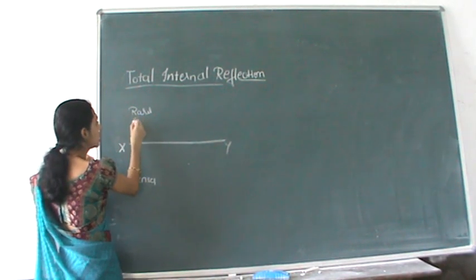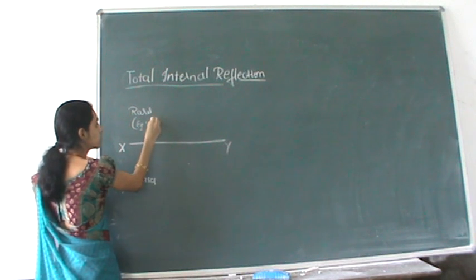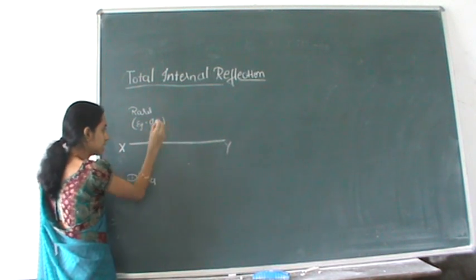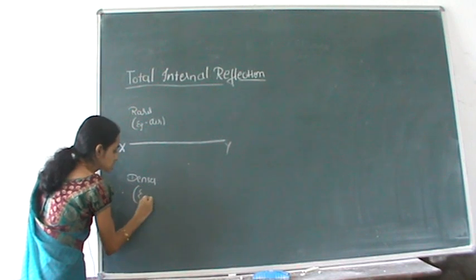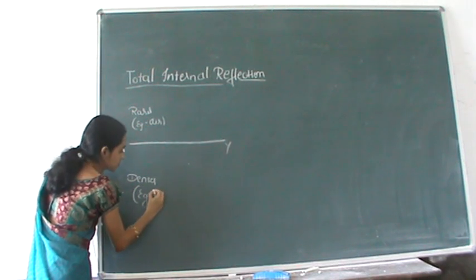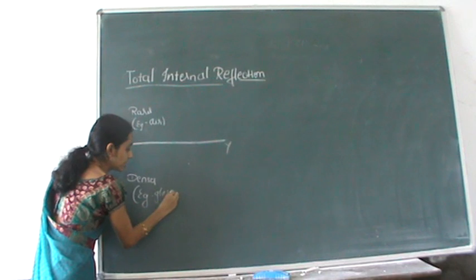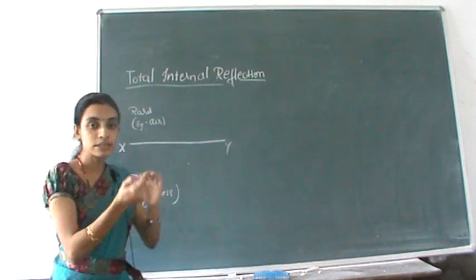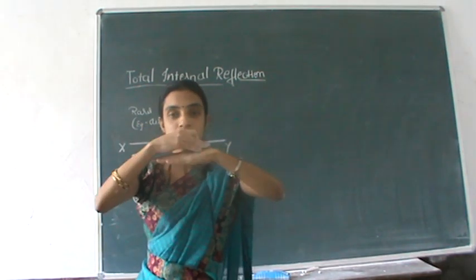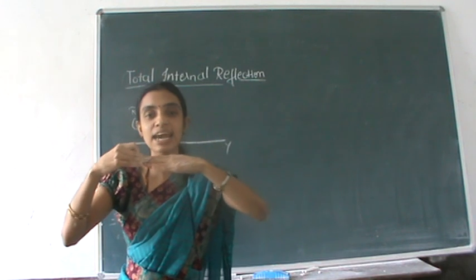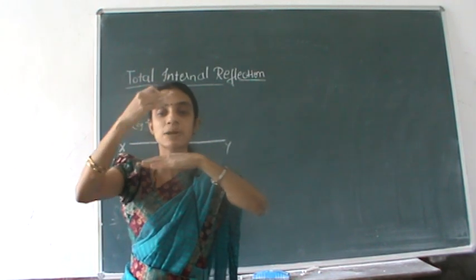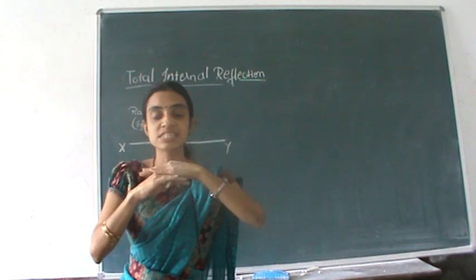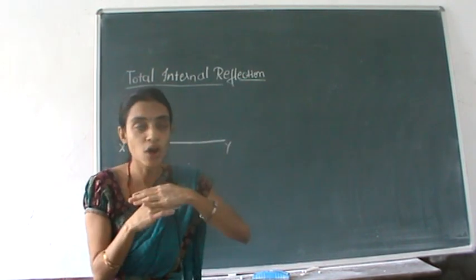For example, our rarer medium is air and our denser medium is glass. This is a general example. XY is a line which separates two media. The upper surface is air and the lower surface is glass, or it may be water and milk.